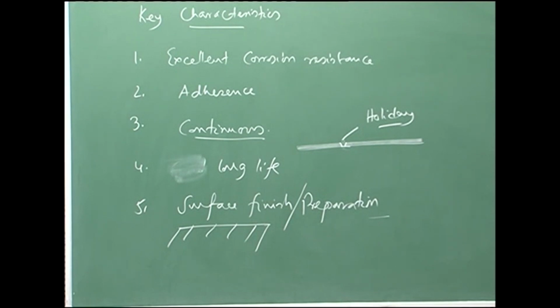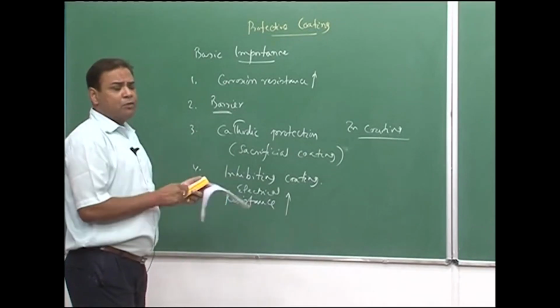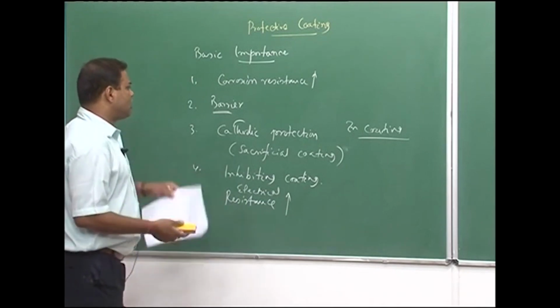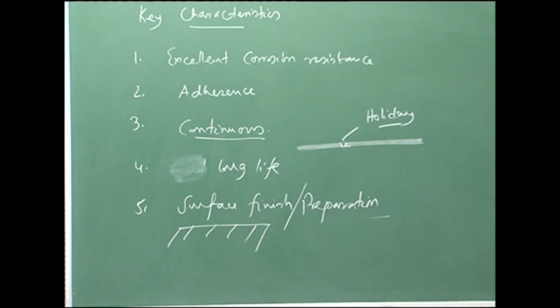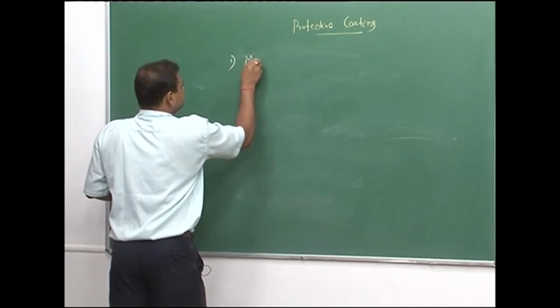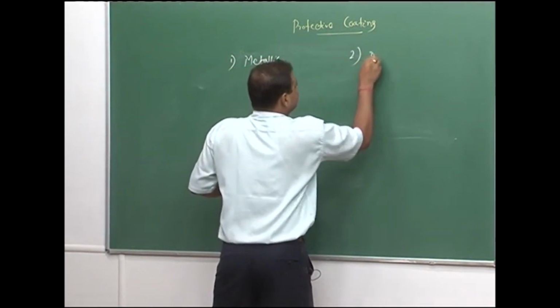Now, we can have different kinds of coatings. Broadly, the varieties of coatings can be classified into two: one is metallic, another one is non-metallic.